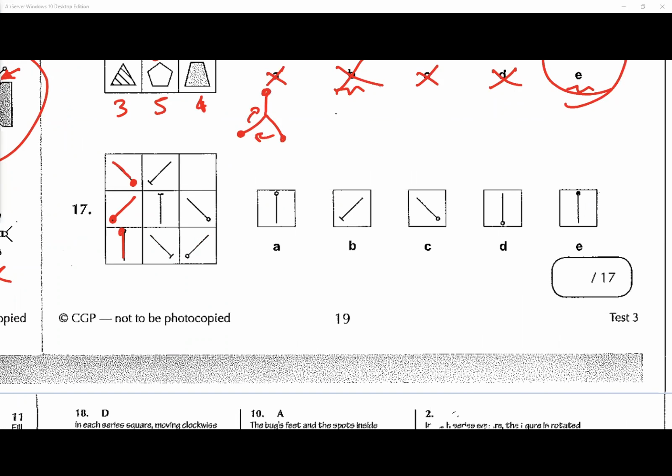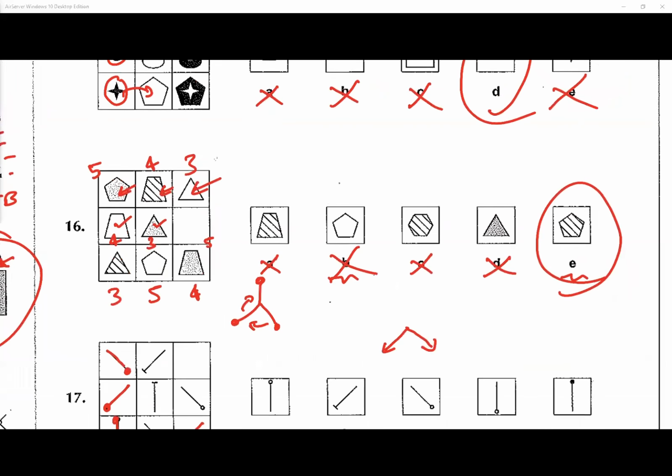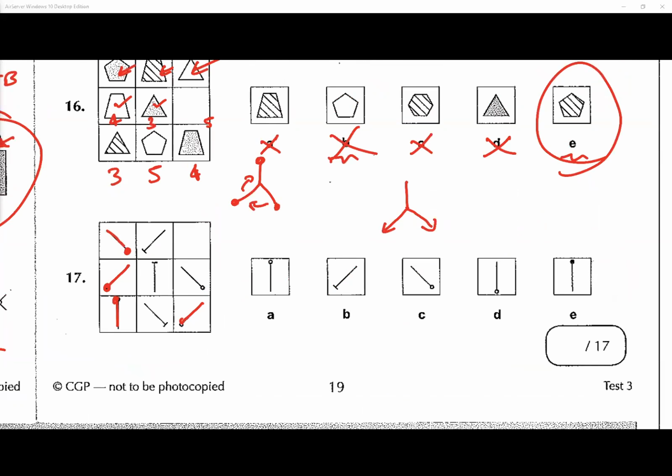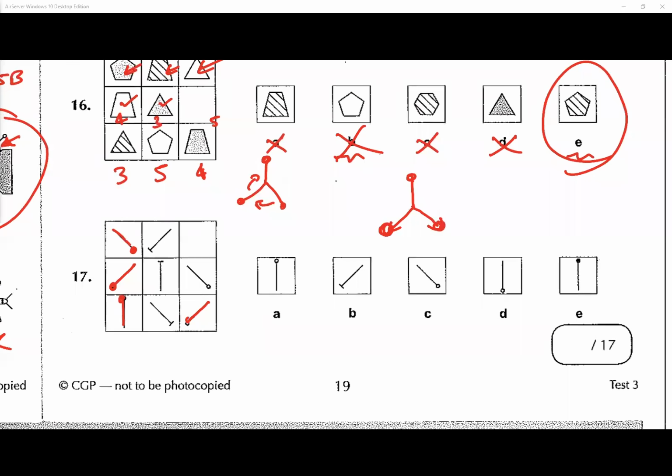So we're moving it through 120 degrees each time. So let's have a look. So we got this one that way, and that one that way. And then we have the same one going upwards now. So we need one with this dot going upwards, because the other ones are going this way and that way. So the missing one is A.